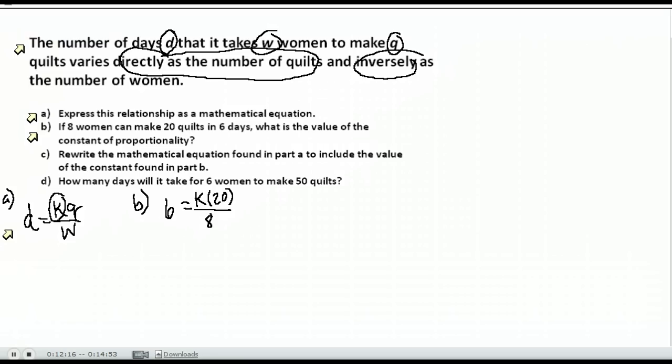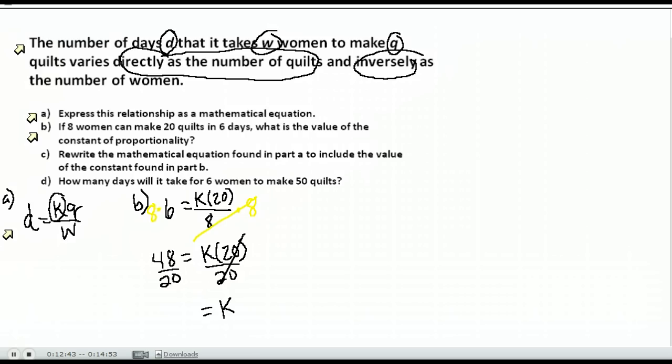There's several ways you can do that, but we'll just go ahead and multiply both sides by 8 and divide by 20. We have 48 equals K times 20. Again, we're going to divide by 20, and then we'll probably want to reduce that fraction as much as we possibly can.